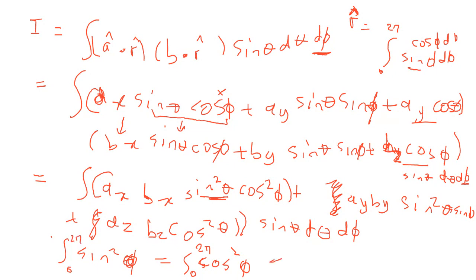This is the same as this. You can check that this gives you pi. Similarly, the other one is trivial. It's just d phi from 0 to 2 pi gives you 2 pi. So most of these integrals you can do.